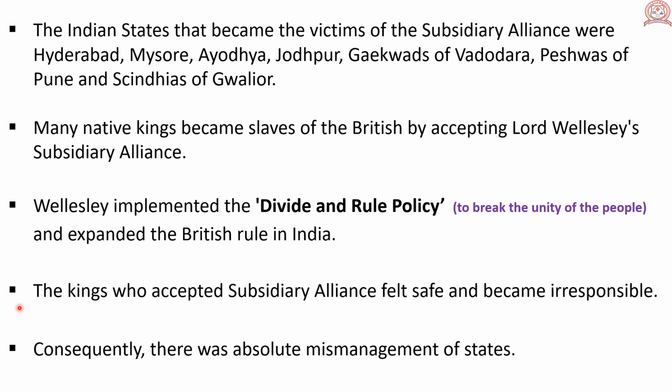Means the Indian rulers who accepted the subsidiary alliance with the Britishers felt that they were safe under the Britishers or under the company. So they became irresponsible over their territories. Consequently, what happened? There was absolute mismanagement of states.